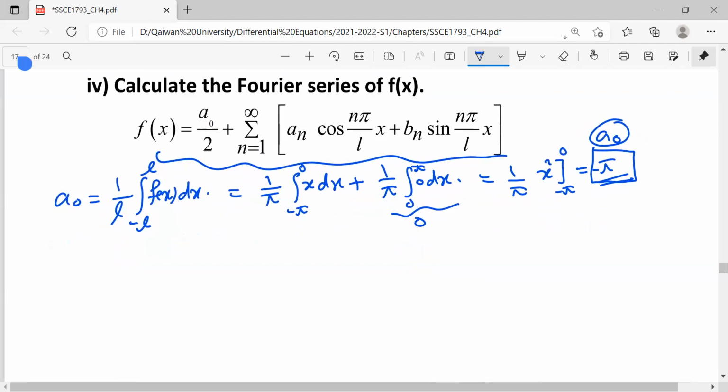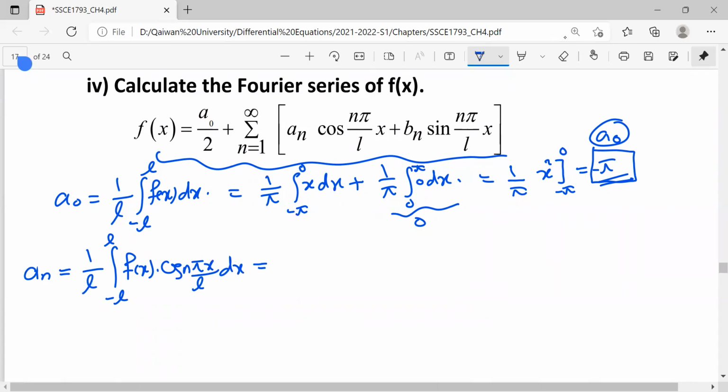Then for finding an equals 1 over L, the integration from negative L to L for f of x times cosine n pi x over L dx. This equals, even for this one, it's two parts.